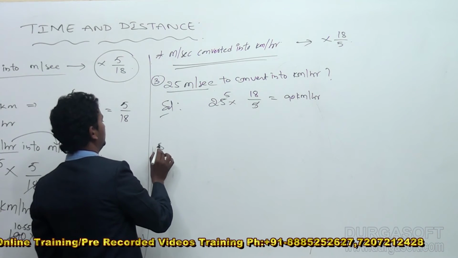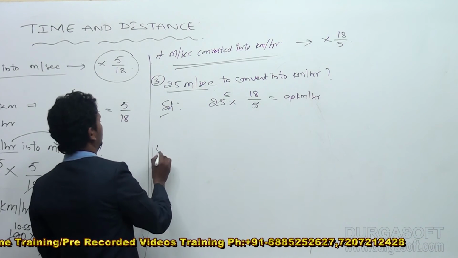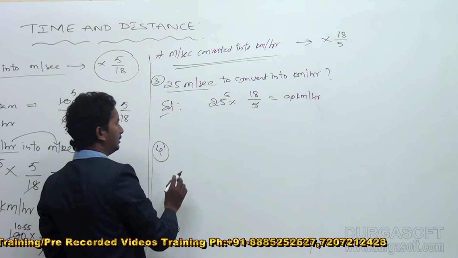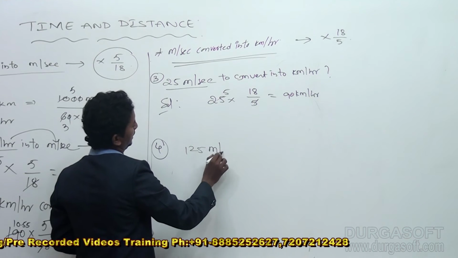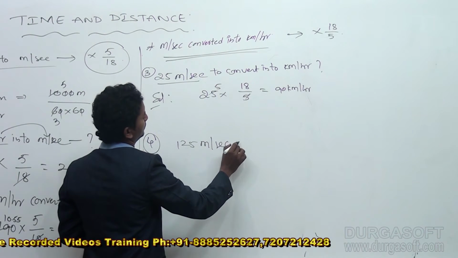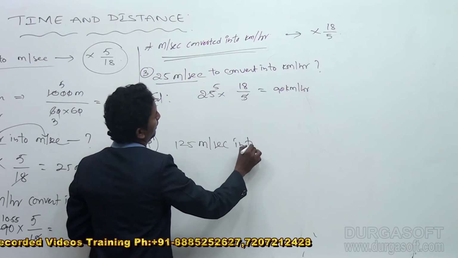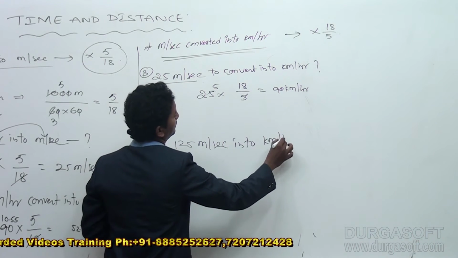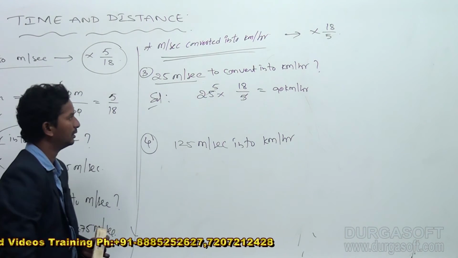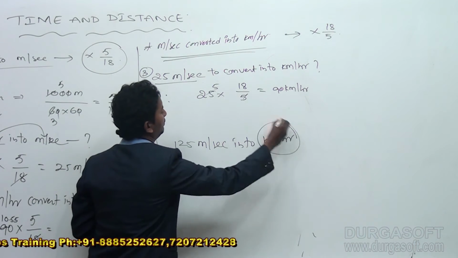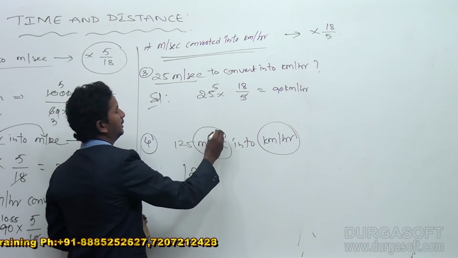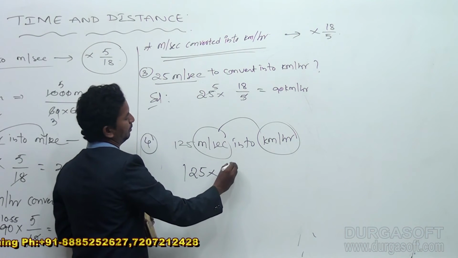Now one more example. 125 meter per second to convert into kilometer per hour. Okay, for this conversion from meter per second to kilometer per hour, it is 18 by 5.